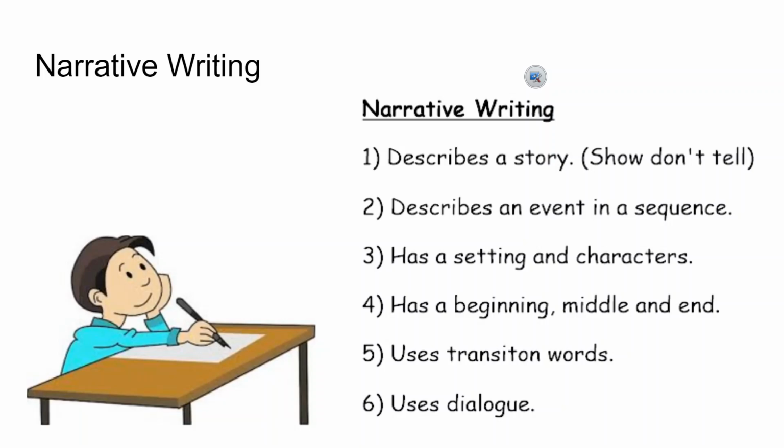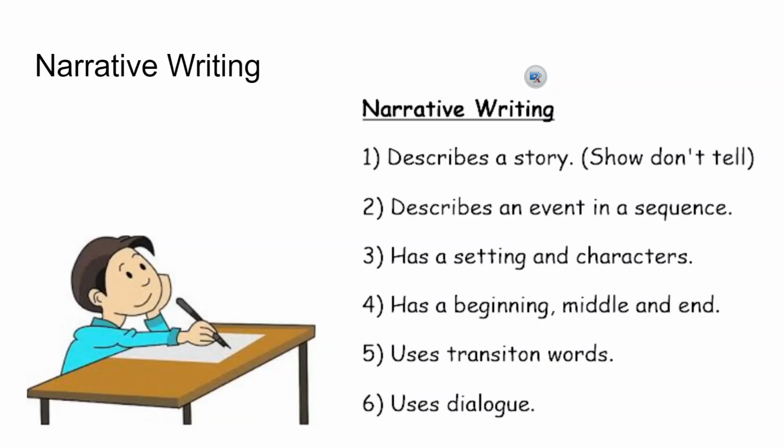Now, if you're writing a personal narrative or a realistic narrative, it is going to have real people, real characters that are talking. But if you remember, an imaginative narrative can have make-believe things happening. It could have animals that are talking, that are your characters in your story. So it doesn't always have to be people. It can be different types of characters as well.